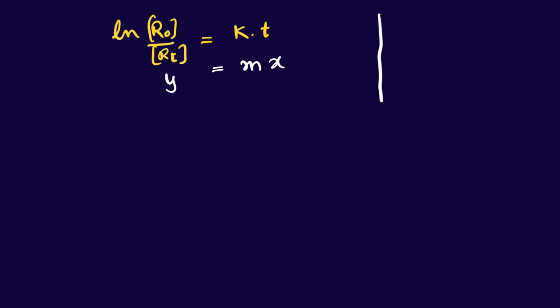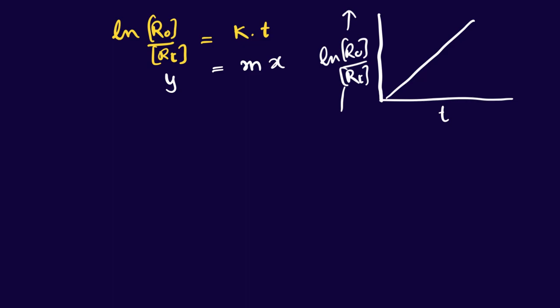Then the graph is ln R naught concentration by R at T time concentration versus time. This is directly proportional, therefore it increases like this. Then what is the slope? Slope is equal to m. So m is the slope, and m is equal to k.